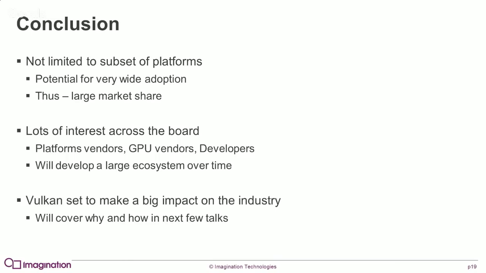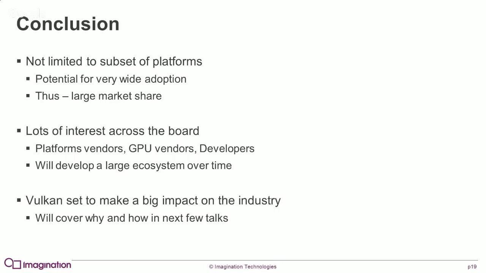There's a lot of interest across the board from platform vendors, GPU vendors, and software developers. So we expect a very large ecosystem to develop over time. Certainly, Khronos is going to do its part to try and foster something there, to seed it with various bits and bobs. We've talked about what sort of things we need in an ecosystem to get it going, and certainly once we release, our job is not over.